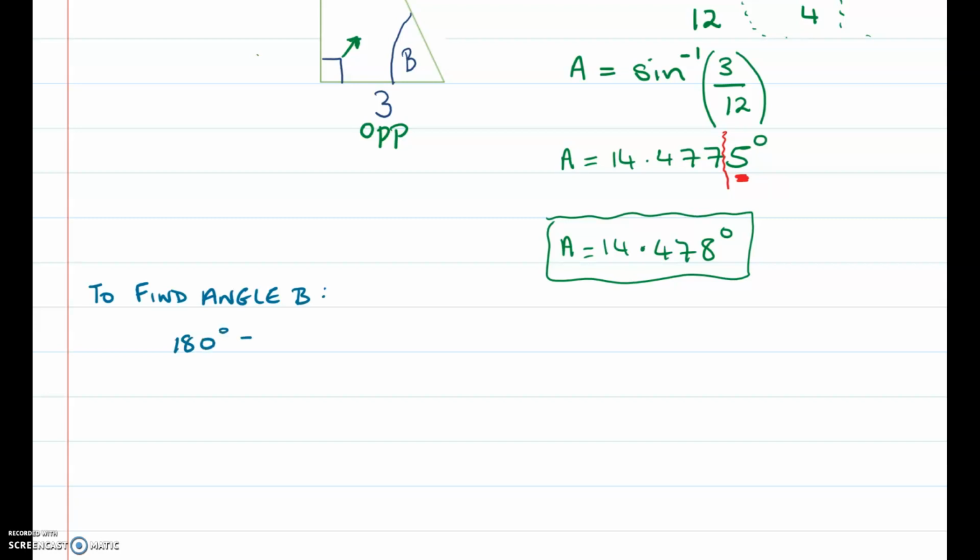The 3 angles in there have to add up to 180 degrees. So we had a right angle, and then we had A, which is 14.478 degrees, plus B. Okay, so if we want to get b on its own, move everything else to the other side. That's 180 minus 90 minus 14.478 is equal to b.